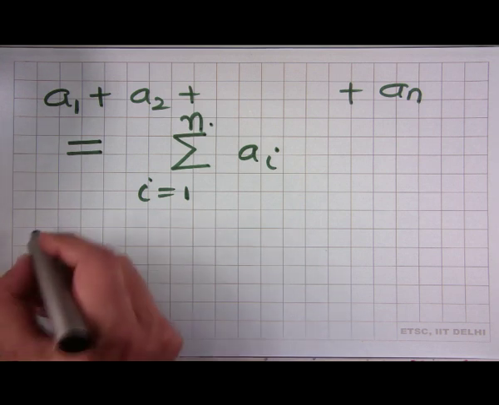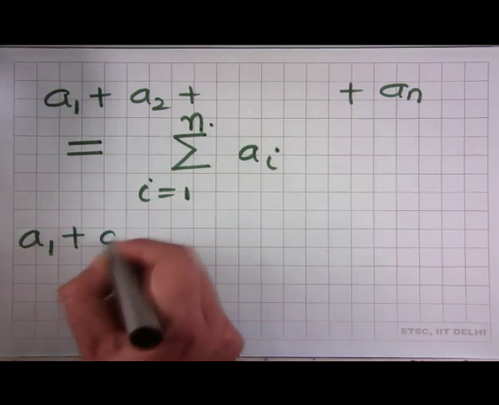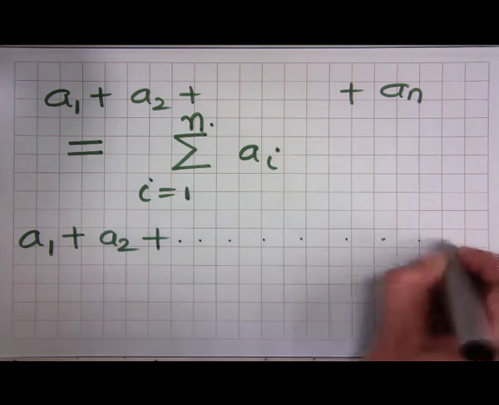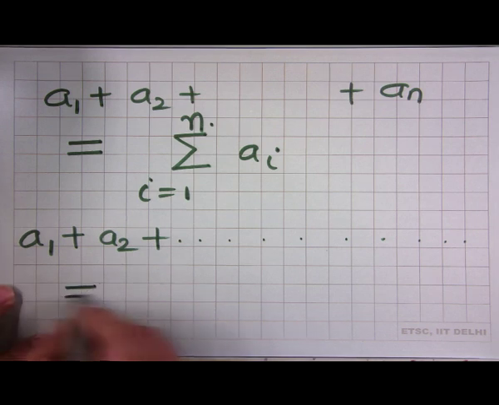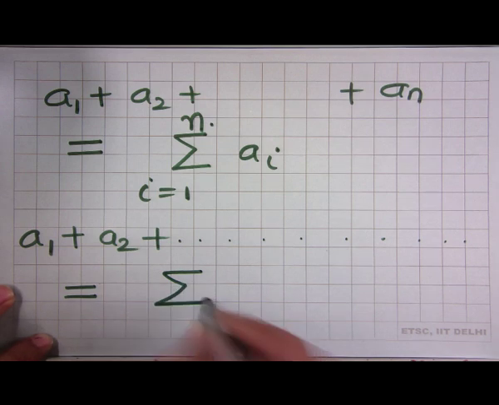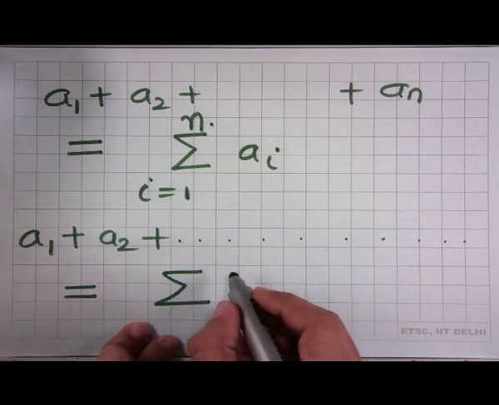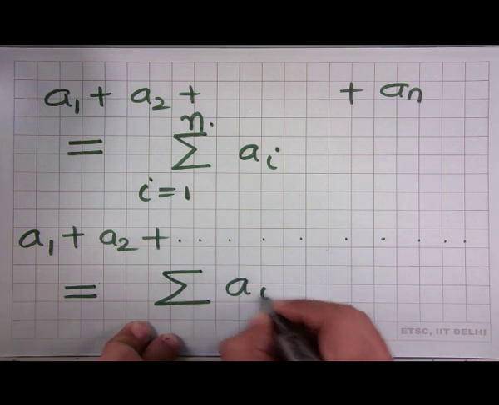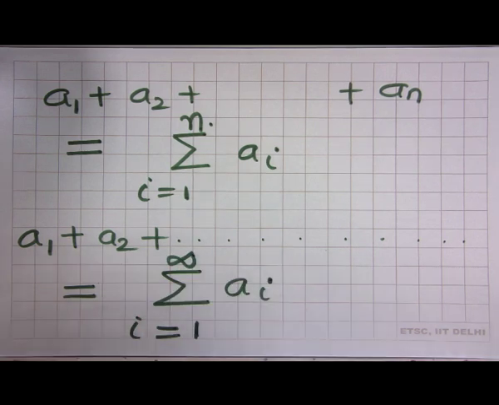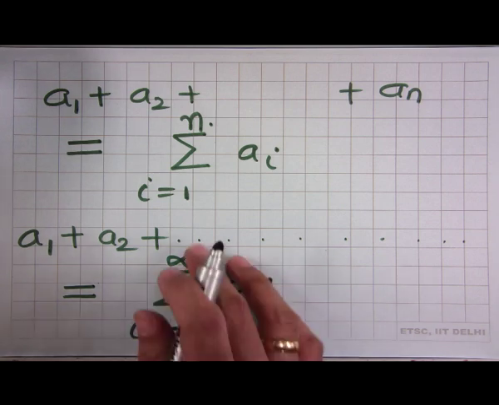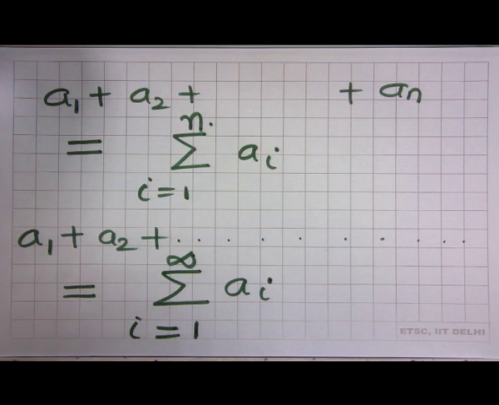Analogously, a series a1 plus a2 plus etc. can be represented using sigma notation as summation ai, i equal to 1 to infinity. This infinity in the upper limit is used to denote that the series that we deal with is an infinite series.